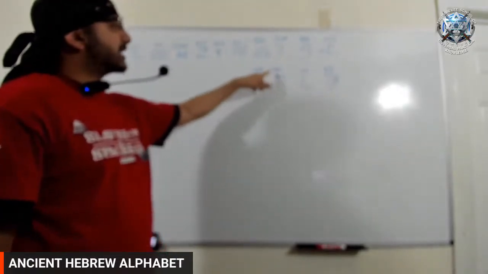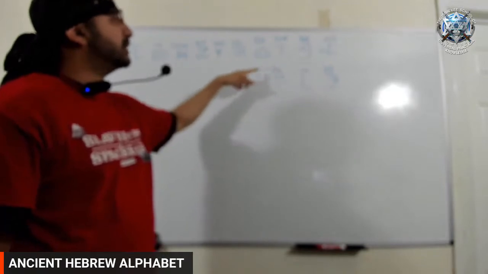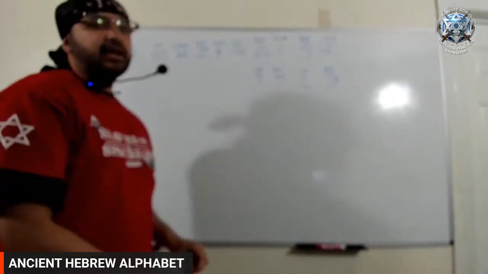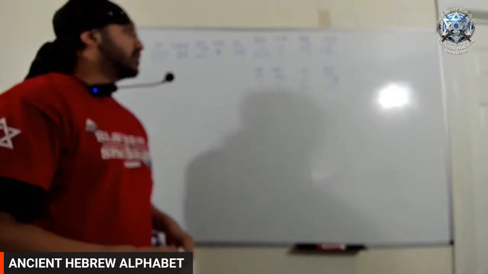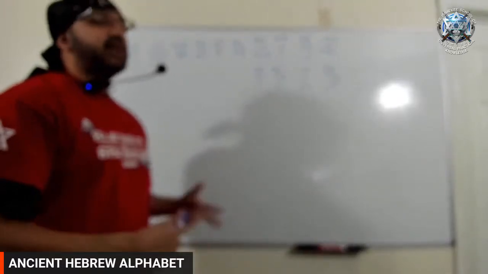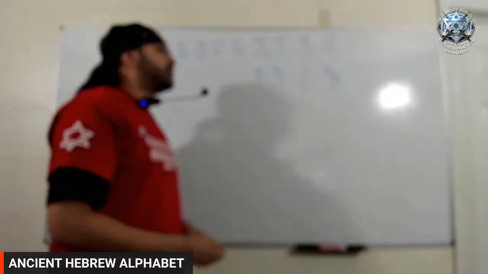This one actually has an extra squiggly compared to this one, just like how M has an extra squiggly compared to the letter N. And they actually are lined up right after one another, very similar to what we know in English. LMN, OP, when you think of our modern alphabet for English.